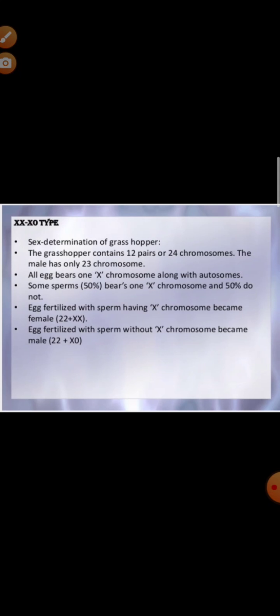AA plus XO, and the female will have AA plus XX, because the female only has X chromosomes. Here you can see no Y chromosome is found in the males. It is XO. So the gametes formed are A plus X and A plus O in case of male, and in case of female A plus X. So the progeny will be found as AA plus XX and AA plus XO in case of male, and AA plus XX in case of females. Clear?